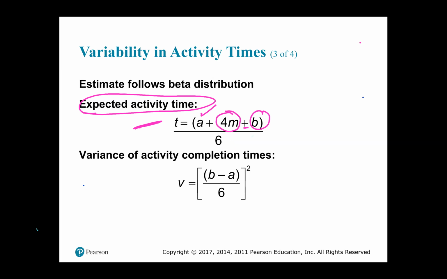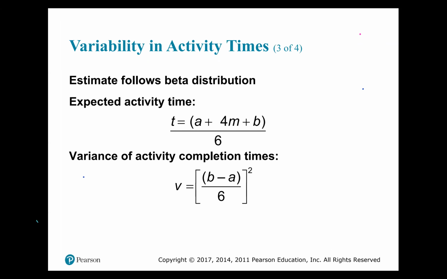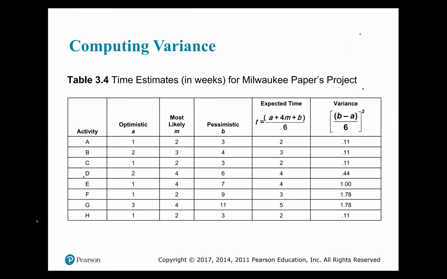You know, I'm going to have to erase my markings to turn over again. We'll come back to this little animal called the variance, all right? Just going to focus on the expected activity time for the time being. All right, so we can skip over that.